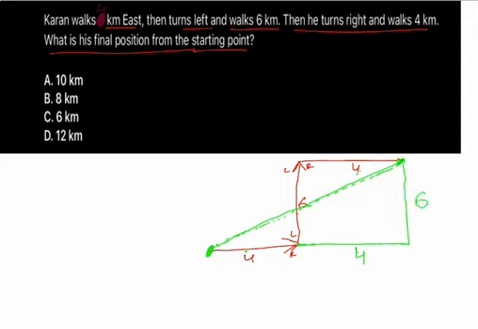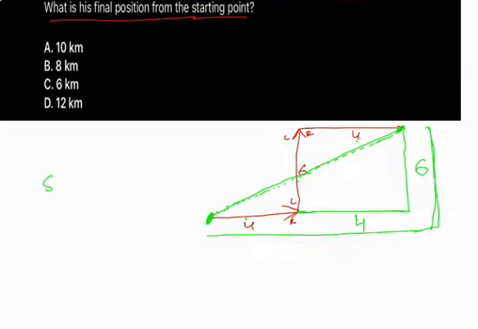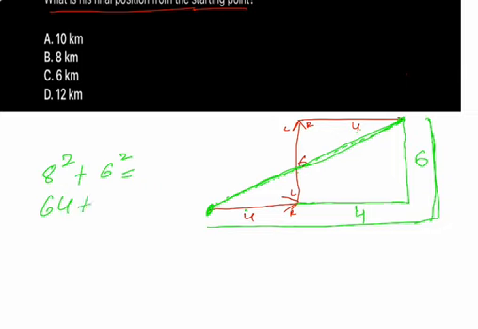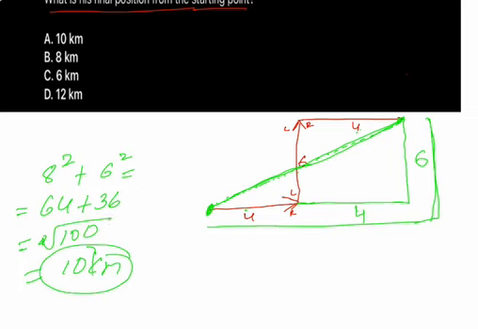Now you can apply the Pythagoras theorem to this triangle. 4 plus 4, 8 square plus 6 square equals the hypotenuse. 64 plus 36 equals 100. 10 kilometers is the square root of 100. Answer is 10 kilometers.